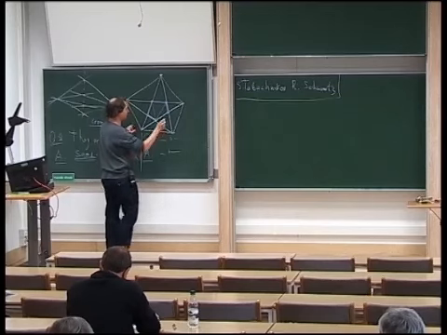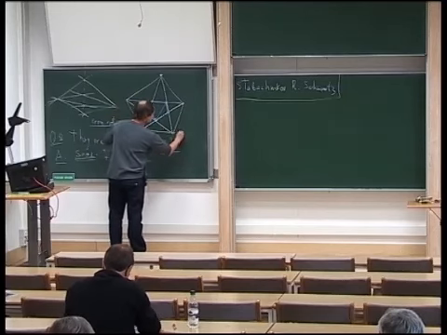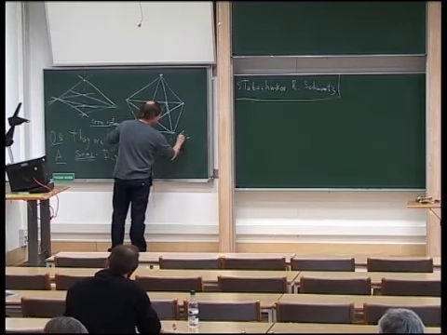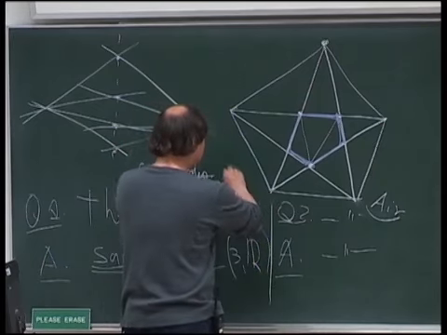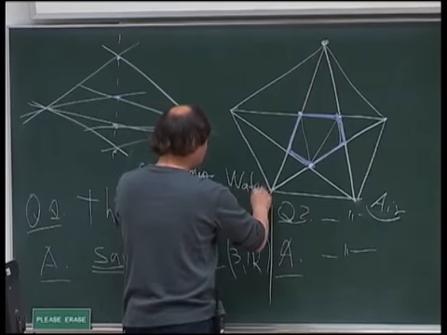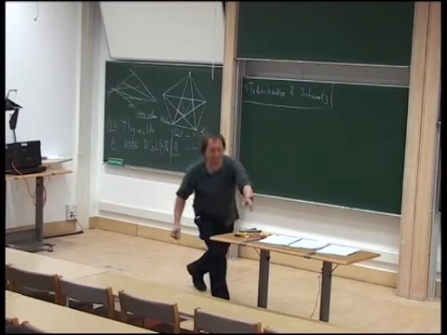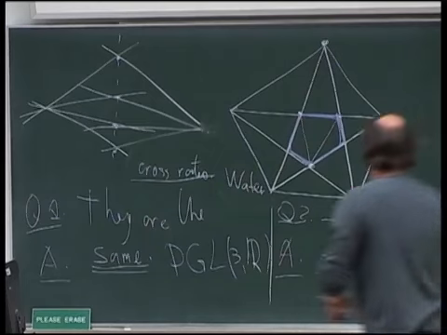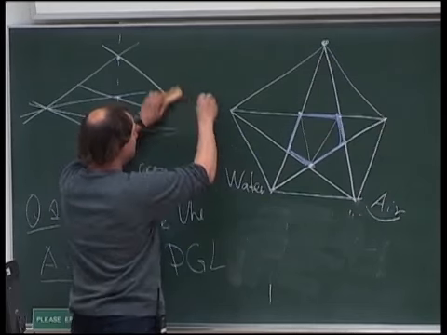So we have in cyclic order air, water, what else? The earth is here.